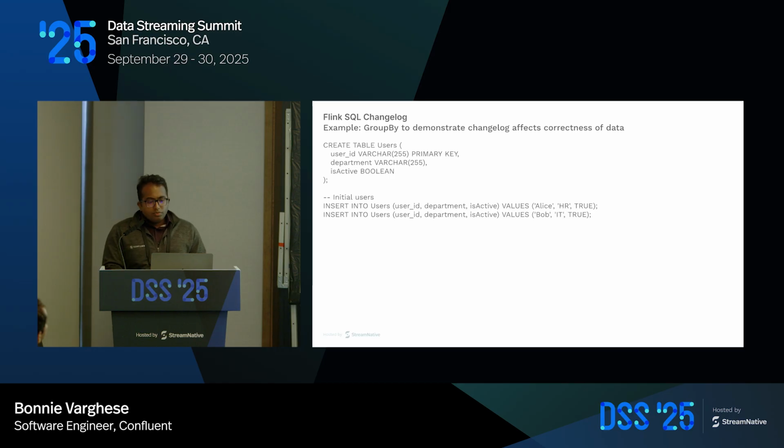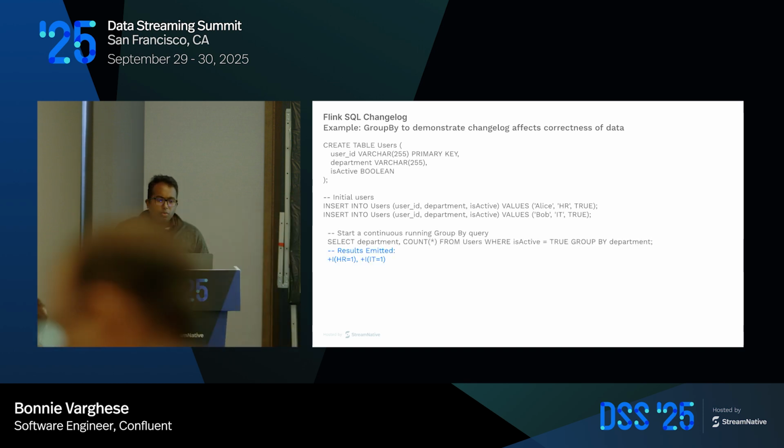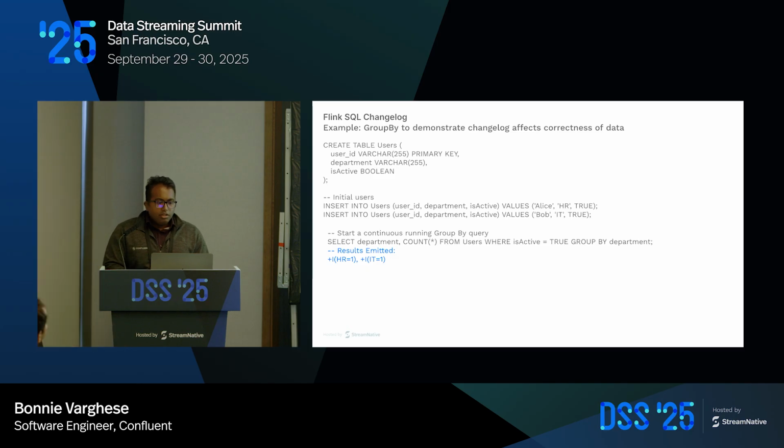You insert two rows with two users, Alice and Bob. Alice belongs to the HR department, Bob belongs to the IT department. You start a streaming query, which is a continuous query. You group by department and count the number of users by department. You may see results like HR is 1 and IT is 1, which is the correct result. The changelog mode associated with it is +I, or insert only.